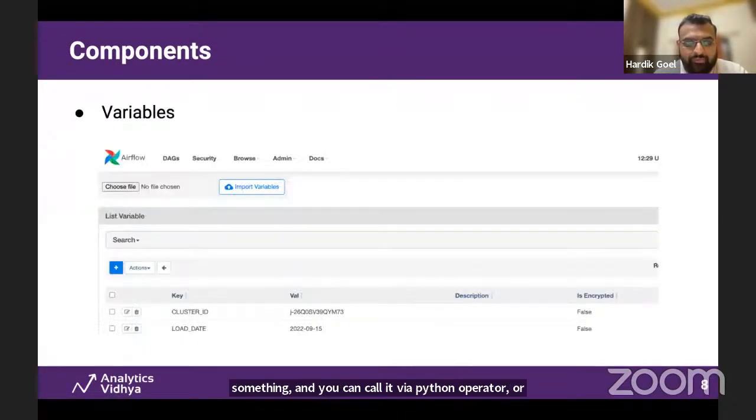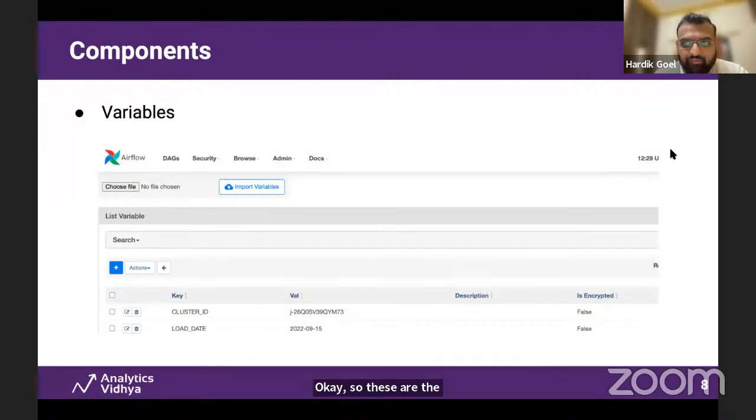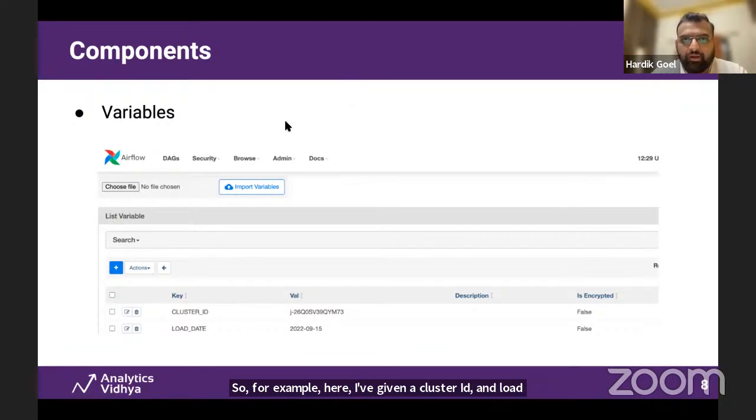Okay, so these are the variables. In the Airflow UI, we'll be seeing the variables. For example, here I've given a cluster ID and loaded. So what are variables? Think of it this way: you have written a DAG, and now your DAG is being used at multiple places in multiple projects.